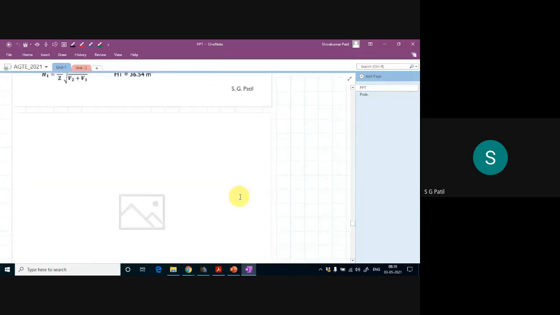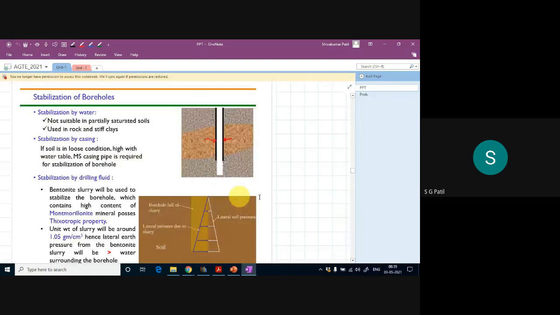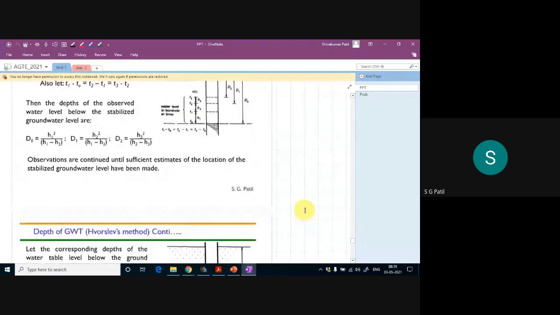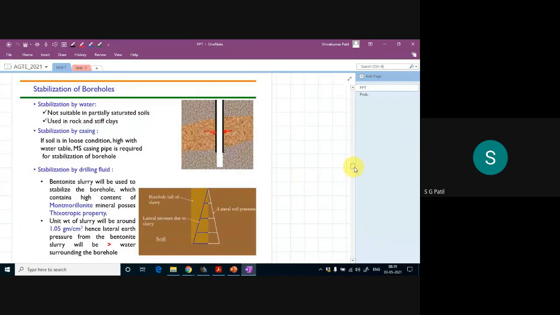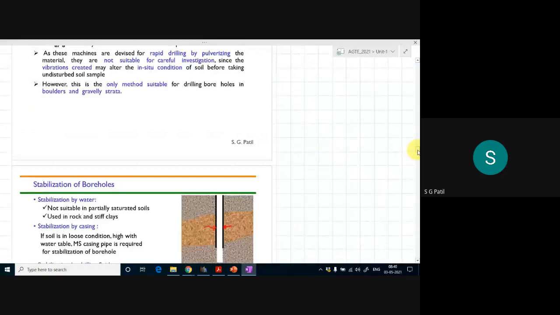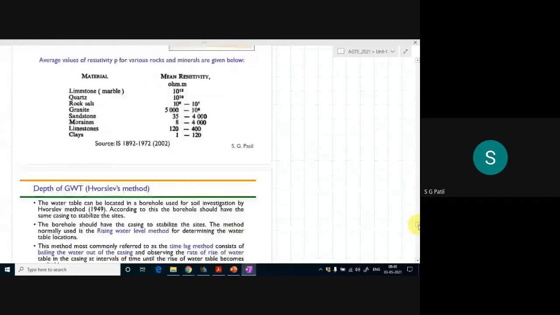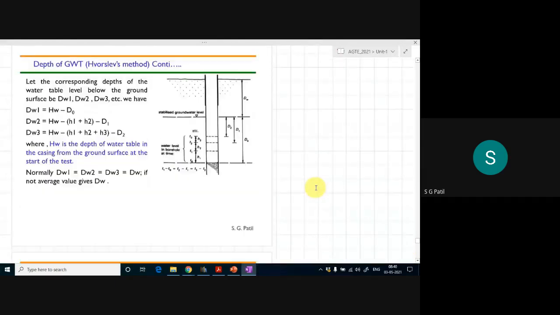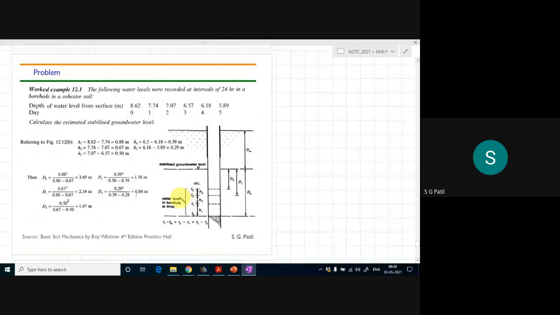I'll come to that problem, whatever problem we are discussing. On the 0th day, what was the depth I got of water table? 8.62 meter.